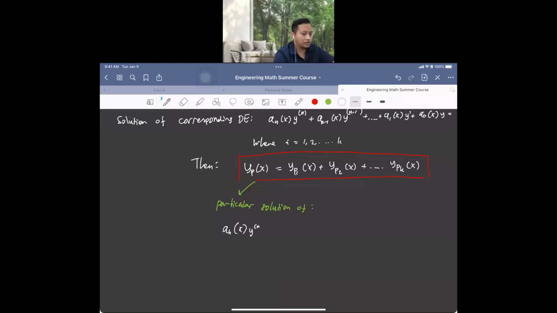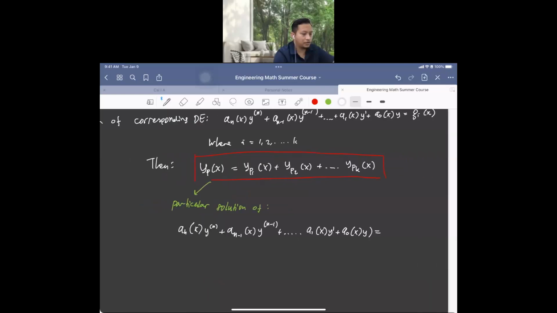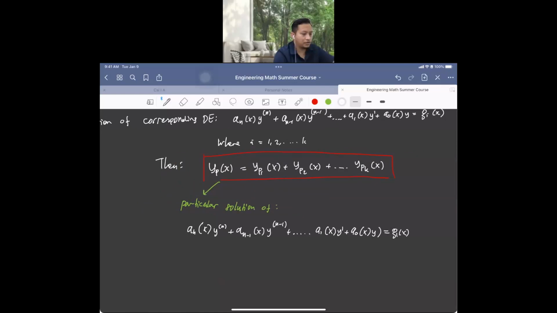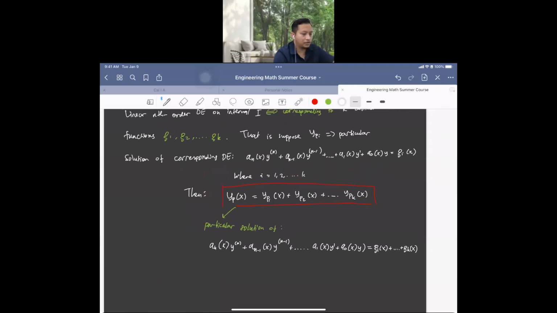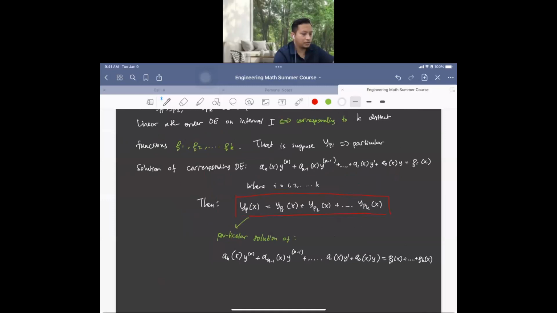of the an(x) y^(n) plus and so on, exactly the same equation, equal to g1(x) plus until gk(x).